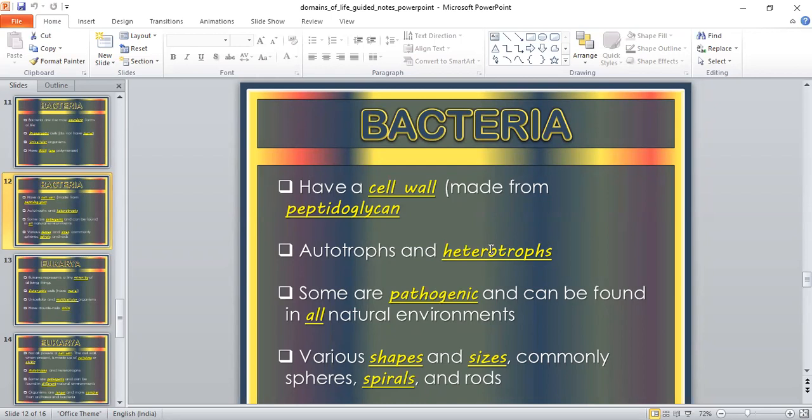If two diplococci combine, this is known as a tetrad. If two tetrads combine, this is known as sarcina. If the cocci are found in a chain, it is known as streptococcus. And if they are found in bunches, then they are known as staphylococcus.